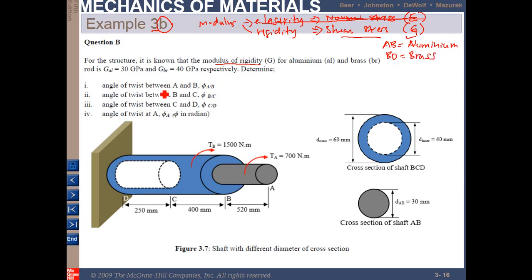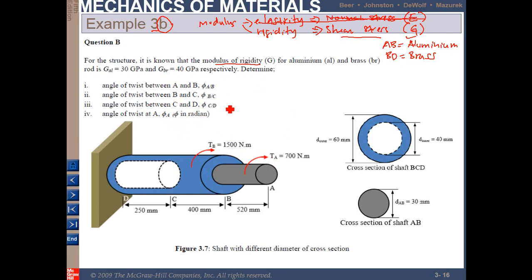Okay, so determine the angle of twist between A and B, which is phi AB, the angle of twist between B and C, which is phi BC, and also phi CD, and determine the total angle of twist at A.